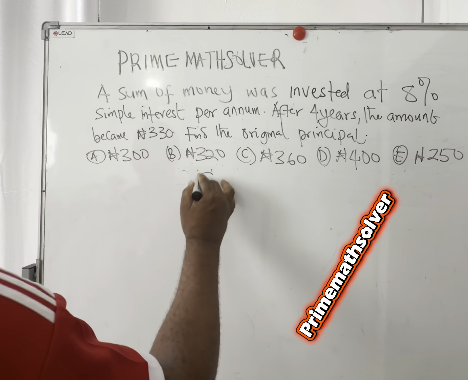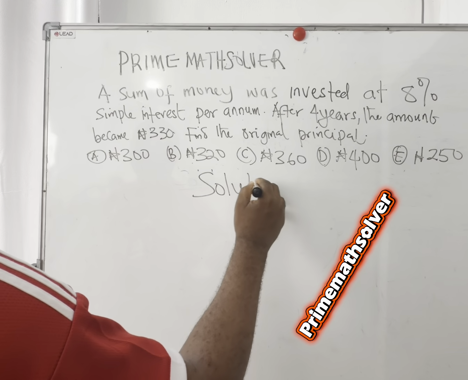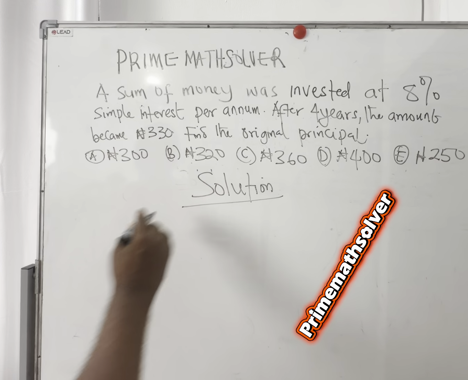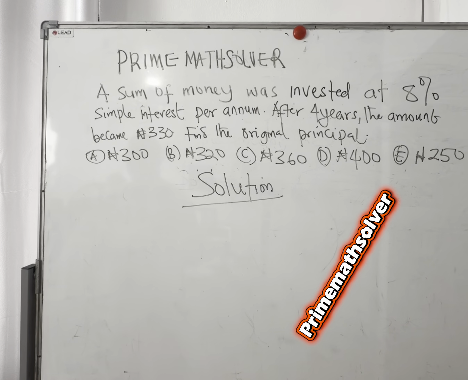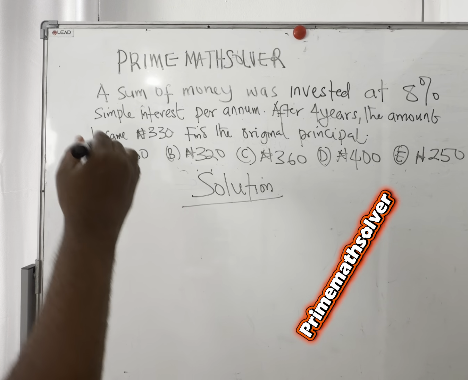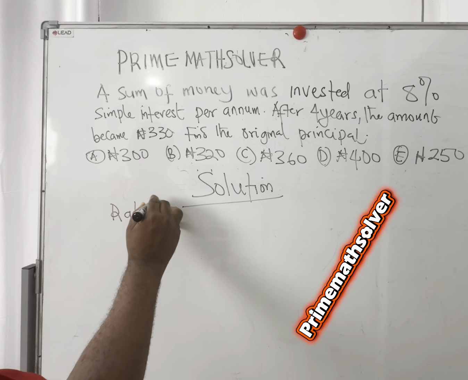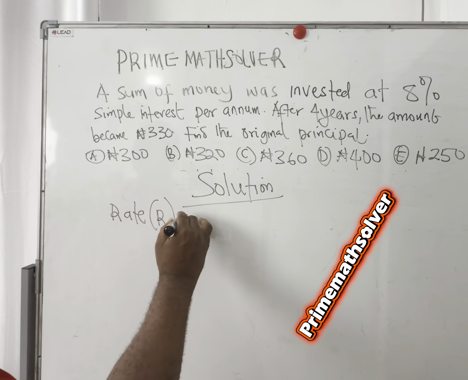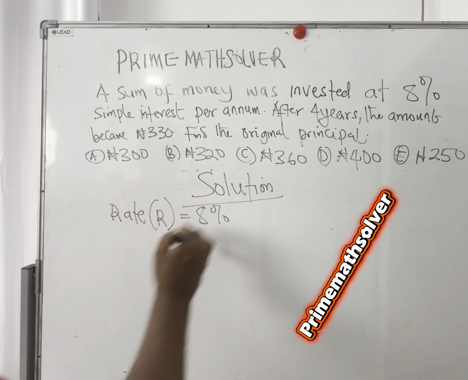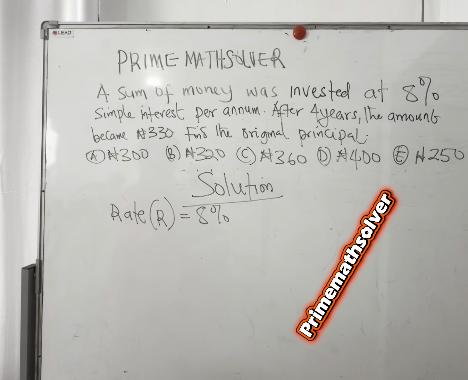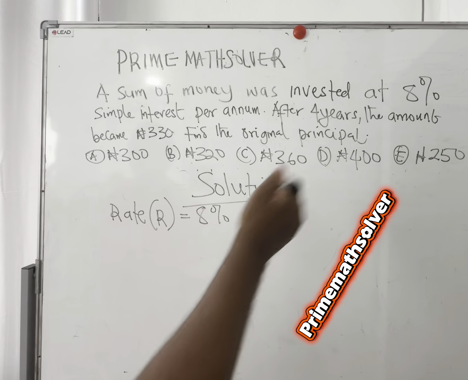Now, solution. It says a sum of money was invested at 8%. You're looking at the rate, so we can call this rate, which is R, and it equals 8%. Now, you have after 4 years.